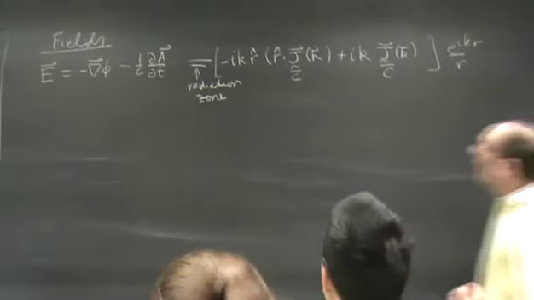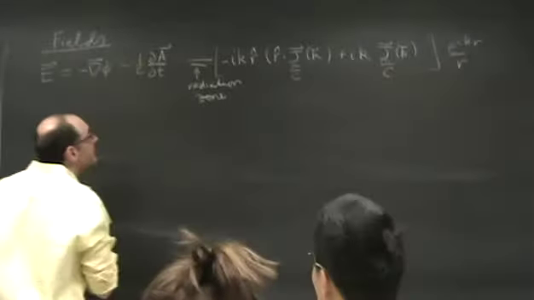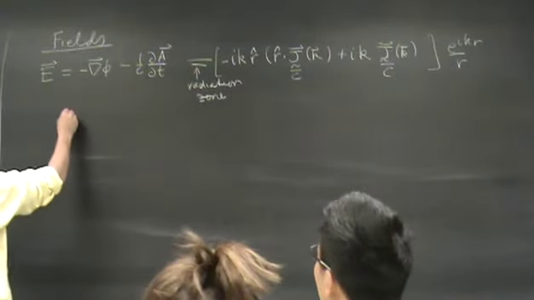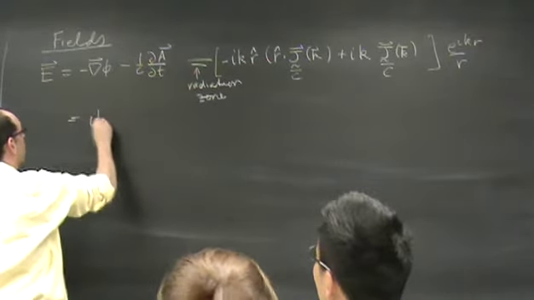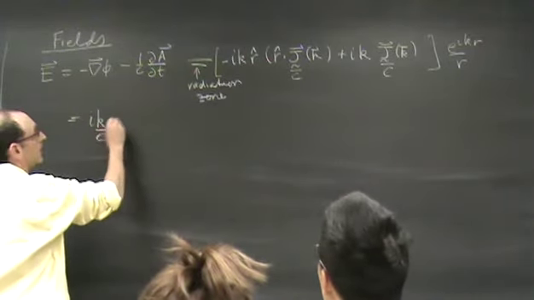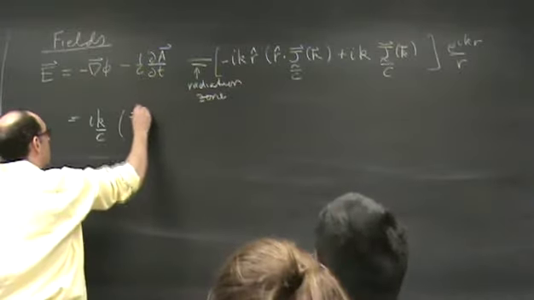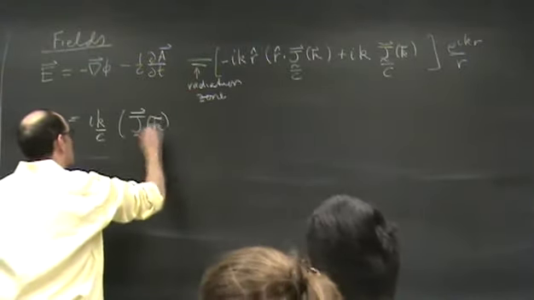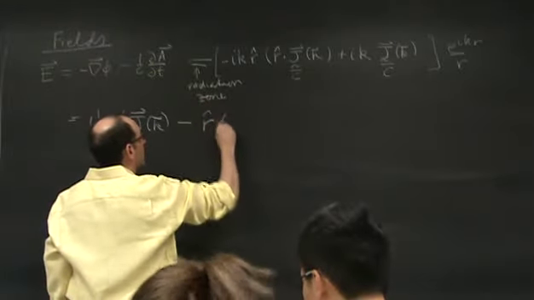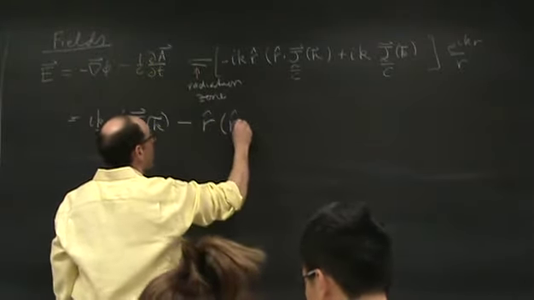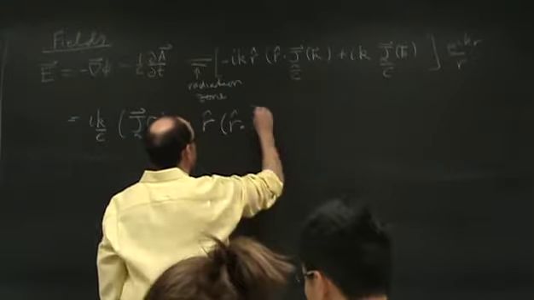So what we find here is something very nice, which is that we have ik over c times J tilde minus r hat dotted into J tilde.